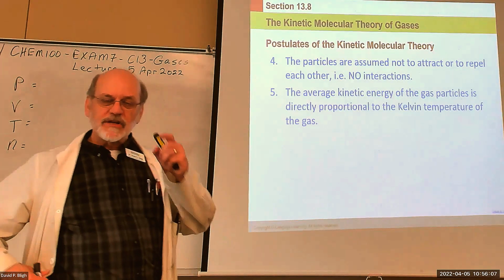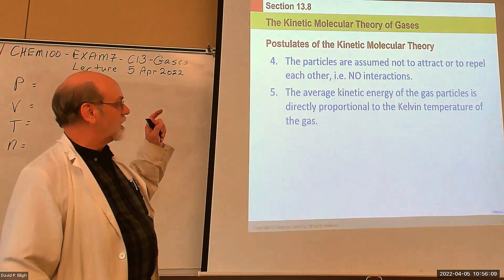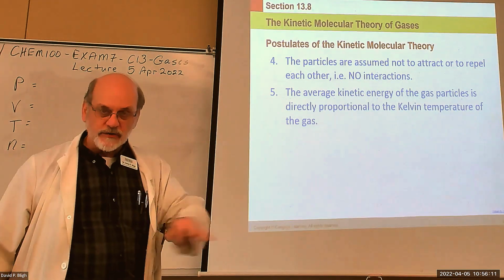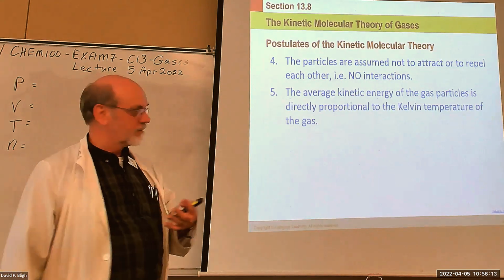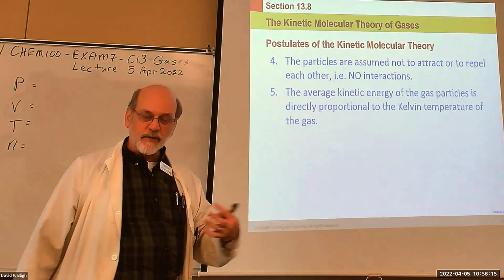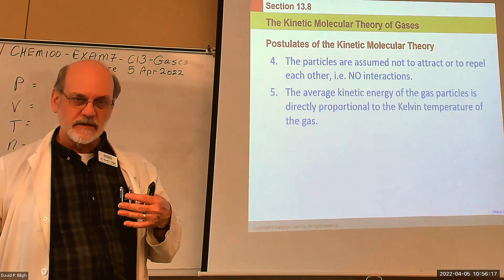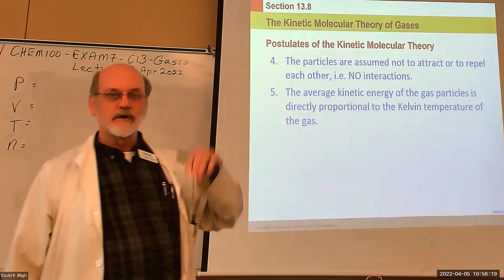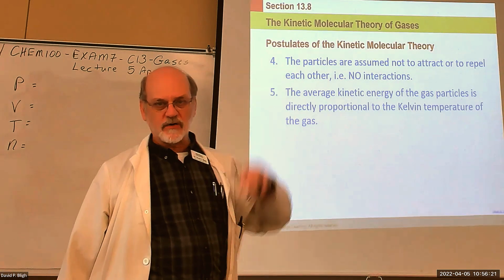The average kinetic energy of all the gas particles in your container is directly proportional to the Kelvin temperature. So you increase the temperature, you increase the kinetic energy of your particles.